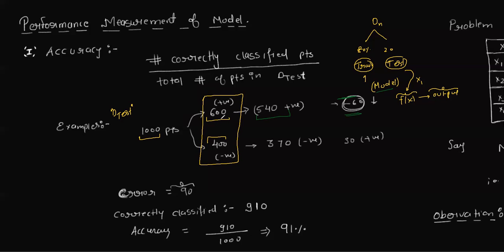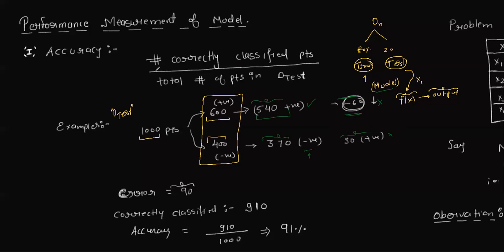Out of 600, my model, which I trained using the training data, on the test data is predicting 540 points correctly and 60 points incorrectly. Similarly for the negative points, out of 400, 370 points it is predicting very well. It says they are negative and they are actually negative. And there are 30 points which are misclassified.